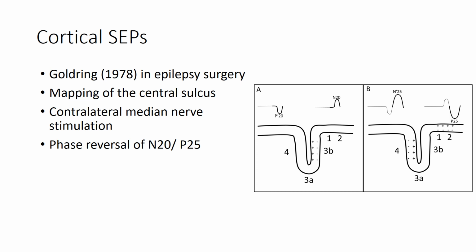So the only available option for intraoperative mapping of the central region in those cases is the so-called cortical SEPs, somatosensory evoked potentials. This is a method introduced in the field of epilepsy surgery by Goldring in the year 1978. It's a technique for mapping the central sulcus itself, not the primary motor cortex.